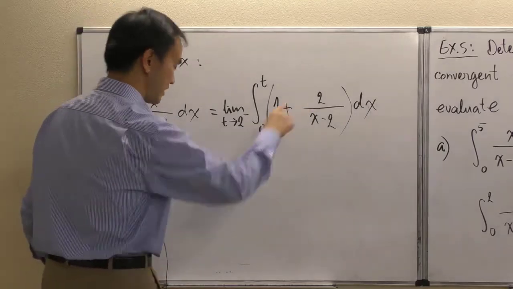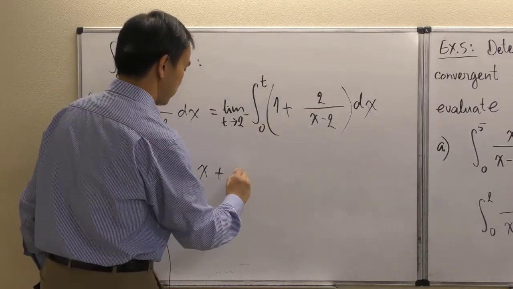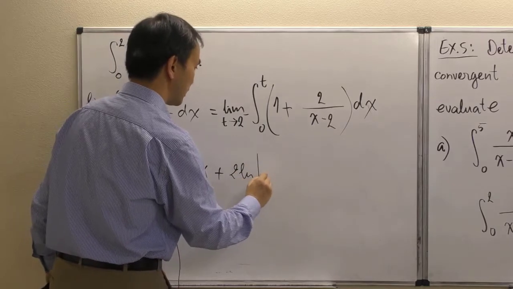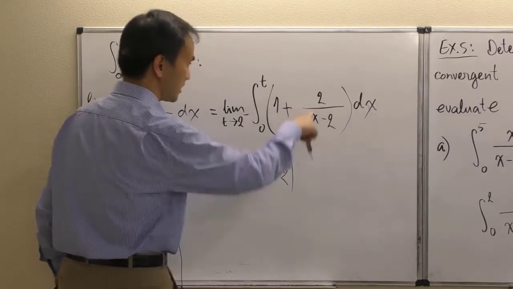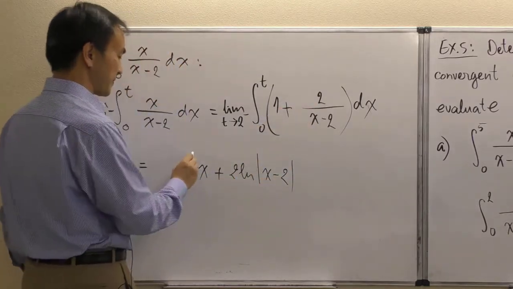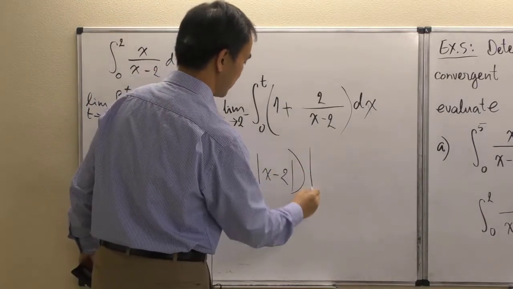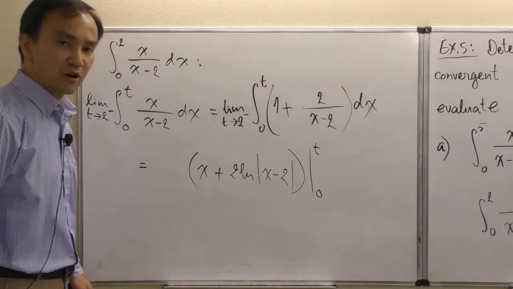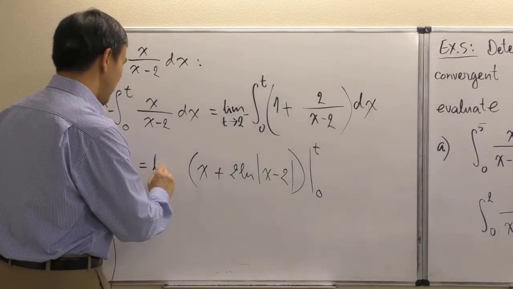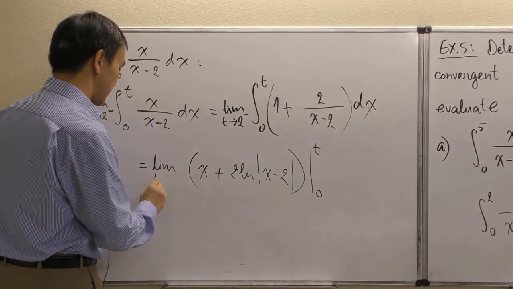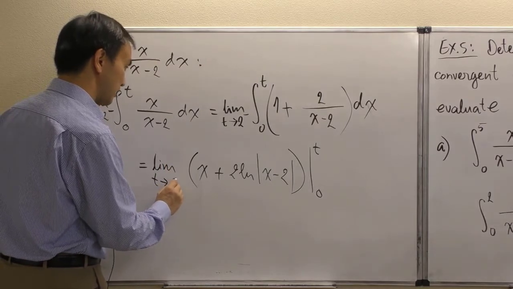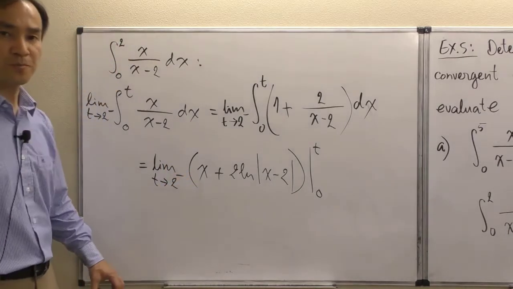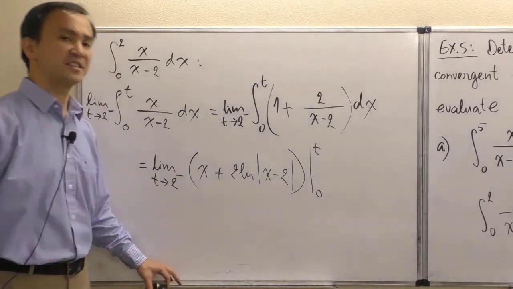That second term is plus 2 times the natural log of x minus 2, because the 2 on top is the coefficient. And now I'm ready to substitute in 0 and t for my integral. But don't forget, in the end we need to apply the limit operation as t is getting closer to 2 from the left-hand side.